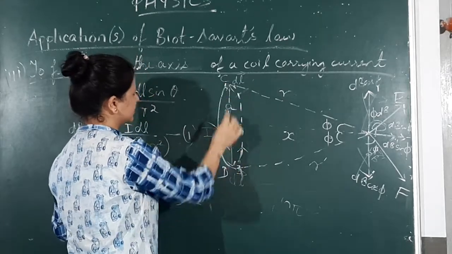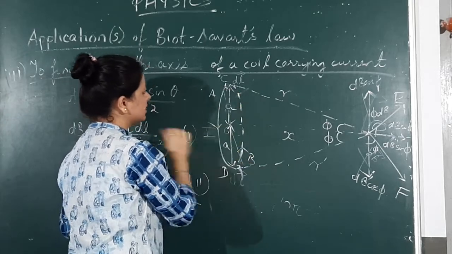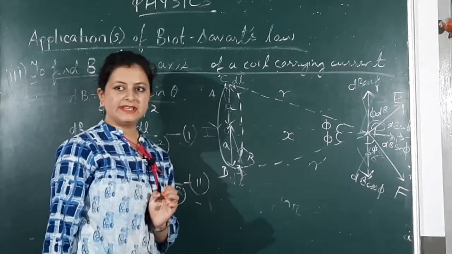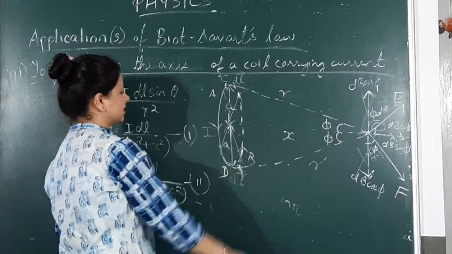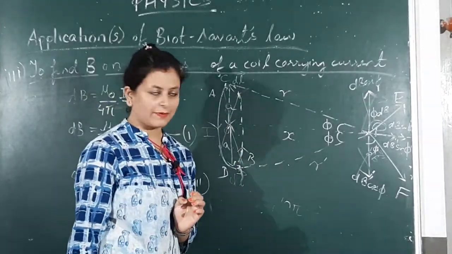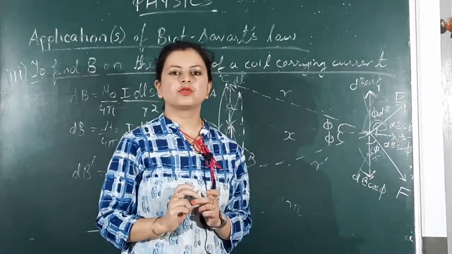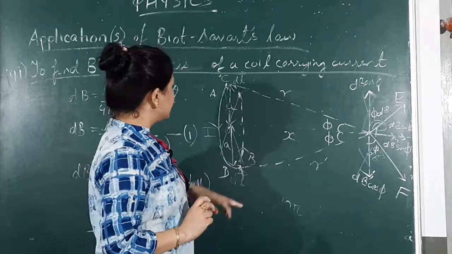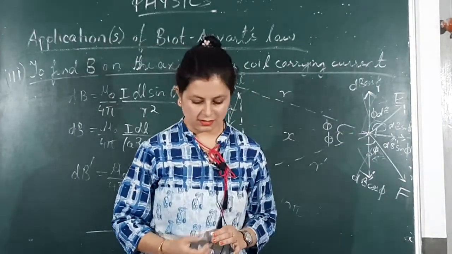Like we have CD here, I might have AB situated diametrically opposite, because of which it will be dB sin phi again. Again I may have 2 more elements opposite to each other, that also will contribute dB sin phi. So dB sin phi has to be integrated if you want to find the total magnetic field intensity because of the circular loop at a point P on the axis of the circular loop.